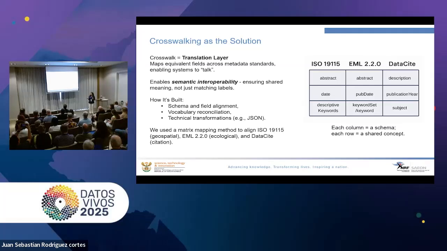Basically, I was given this really big, daunting spreadsheet with the existing metadata profile for SAON, and I had to incorporate EML into that. Within that sheet, each column represented a schema, and each row is a shared concept or an element in the standard.